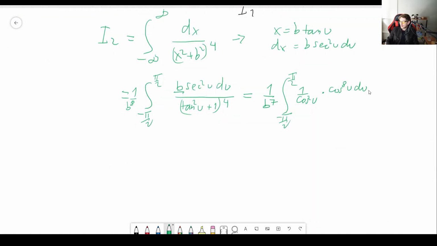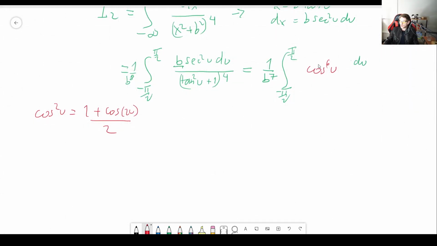Okay, so this whole thing is going to be cosine to the 6th power. And as you can see, it is of the same form as before. Okay, how do we solve an integral of cosine to the 6th? Well, again, what I would do is use our beloved formula that cosine squared of u is (1 plus cosine of 2u) over 2.